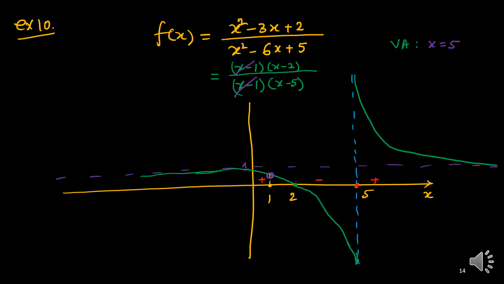The function value does not exist. Otherwise this is perfect. This is the only difference. So if you have some cancellation of numerator and denominator factors, you do that first, then draw. But where you have some cancellation, there you put a mark that it is a discontinuity at this point. Right. Next one.